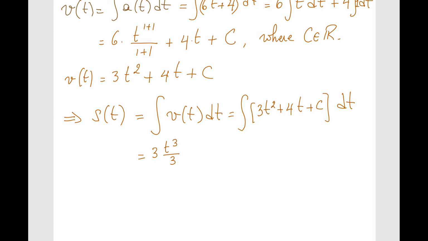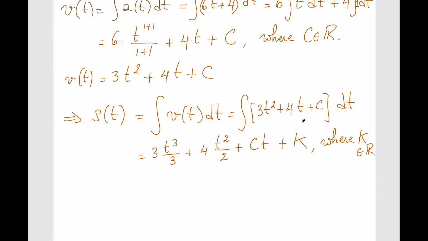Property 2, right? Plus 4t squared over 2. Why? Because this is 1 technically here, so 1 plus 1 is 2, divide by 1 plus 1. Plus the primitive of c. What's the primitive of c? It's ct, right? Plus another constant of integration k. So k and c are arbitrary real numbers.